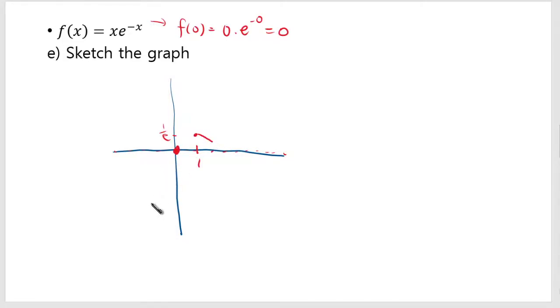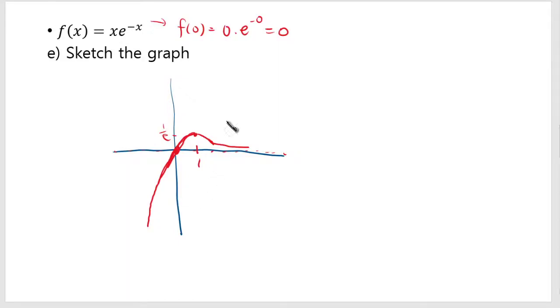So I need something to increase passing through these points, and I also know that it has to go down to negative infinity as you go left. So it must be this, and then as you go right, it should get closer and closer to the x-axis, so the graph should be like that. Okay.